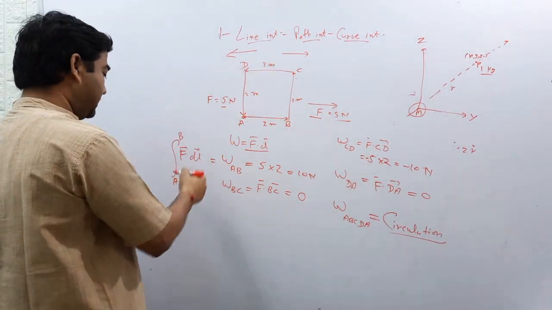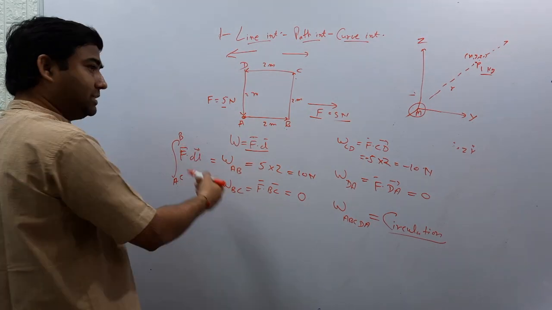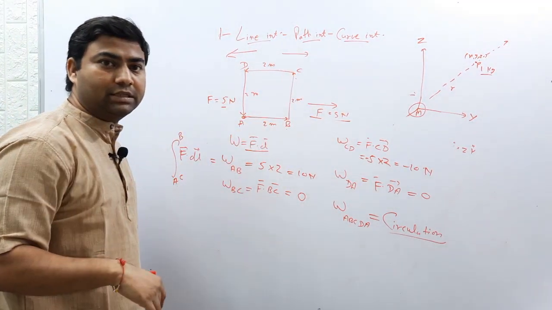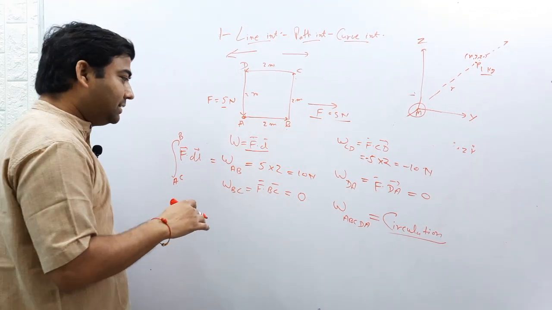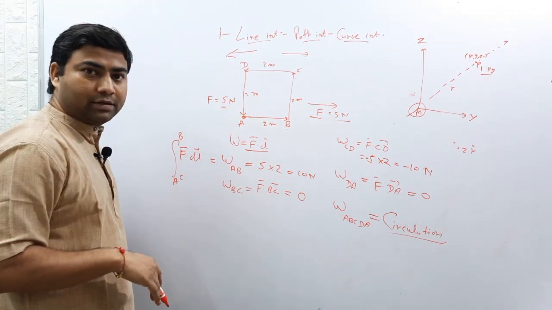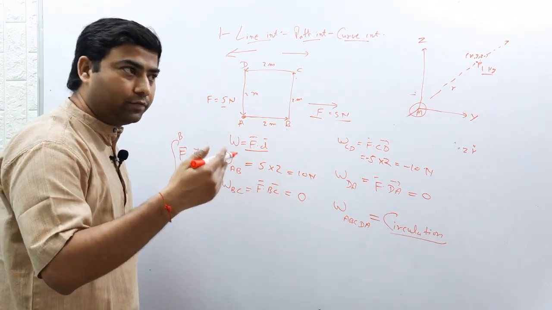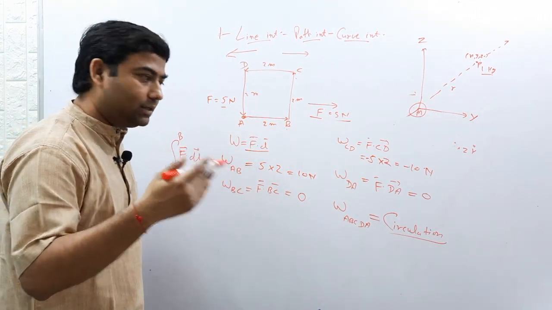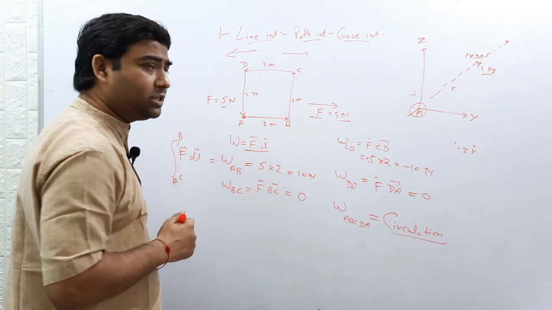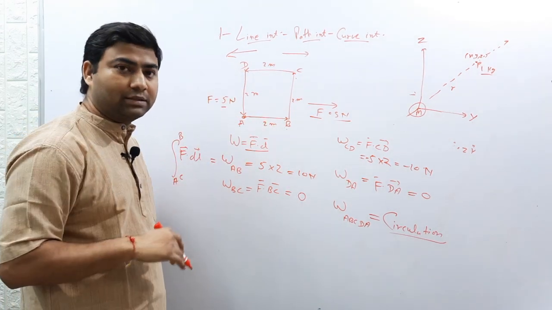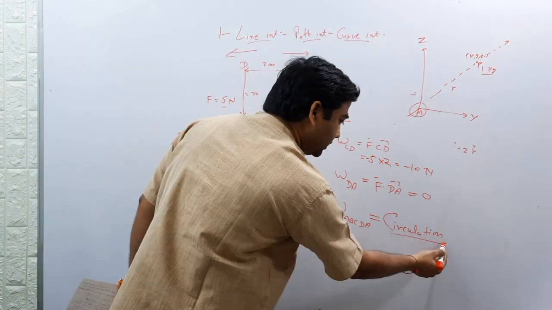When this integration is carried out in such a way that we start from a point and, following a particular path, reach the same point, then the line integration, or dot product of vector field and displacement along the closed path, is called circulation.